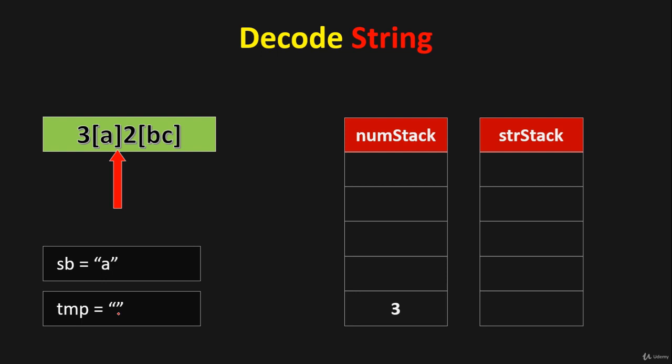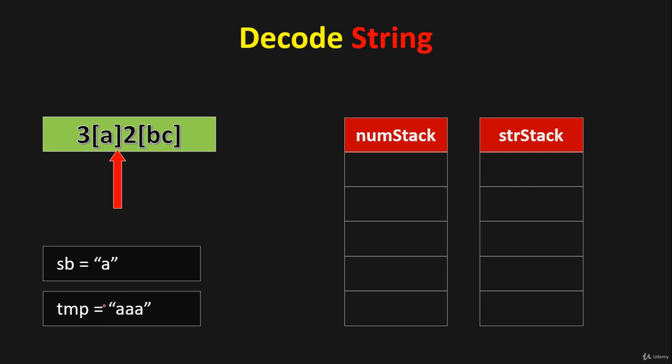Now the next thing we're going to do, we're going to pop out the top element from num stack, and that is 3. Now let's repeat whatever we have at string builder 3 times. If we repeat A 3 times using a loop, we're going to append A to our temp variable. So if we repeat A 3 times and append to this temp variable, then we get something like this.